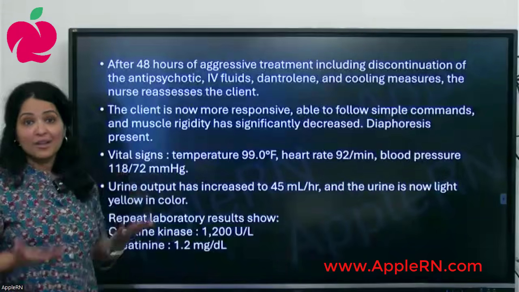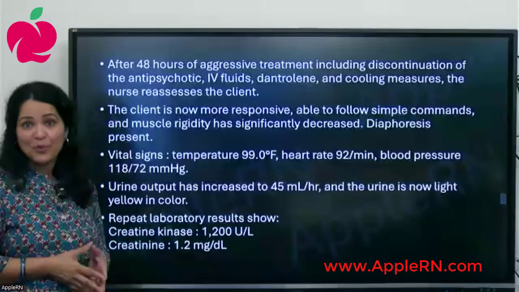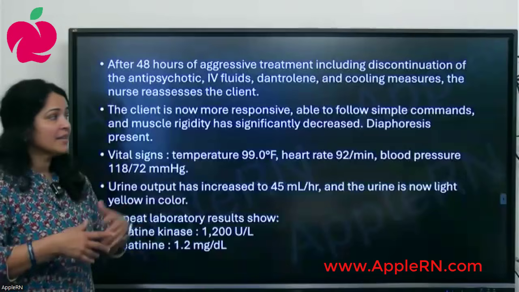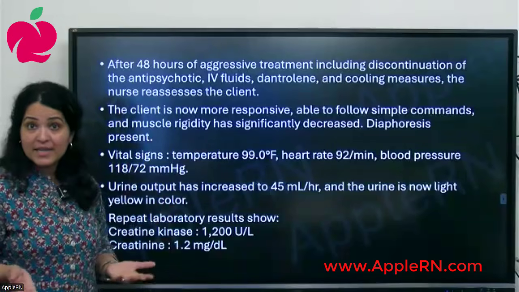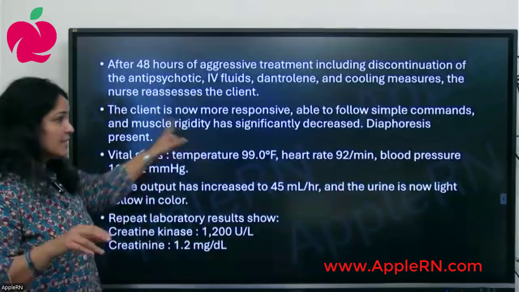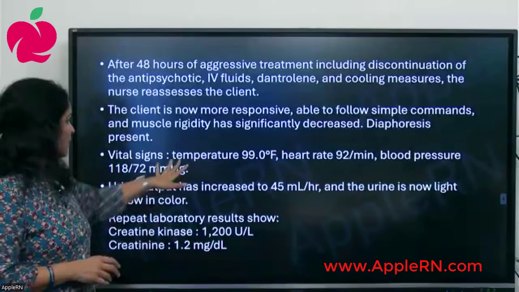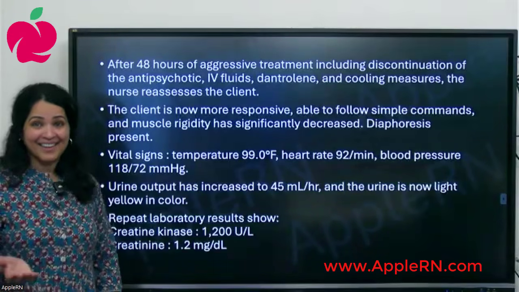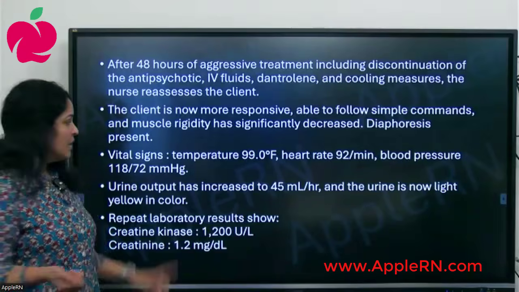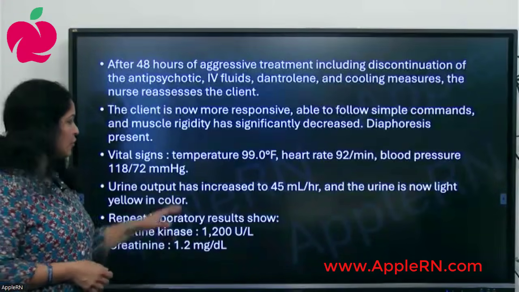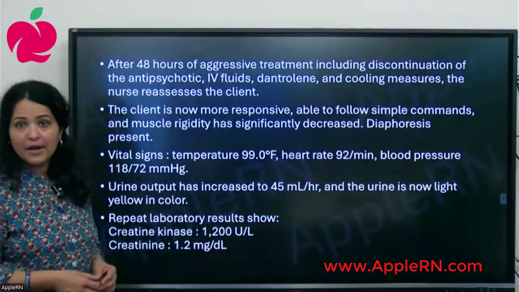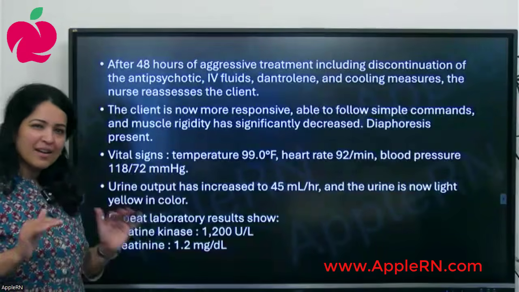And the client, thankfully, is more responsive, able to follow commands. Muscle rigidity is decreased significantly, but diaphoresis is still there. Temperature is 99, right? Heart rate is 92. Blood pressure looks good. Urine output 45, and urine is now lightly colored.